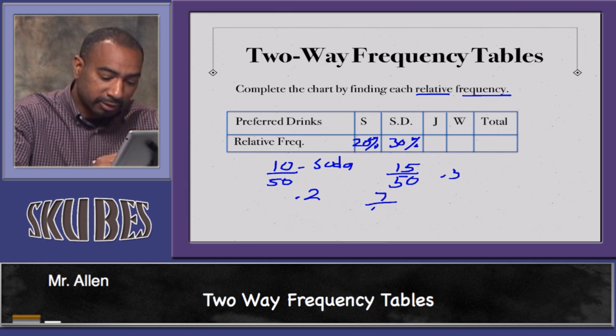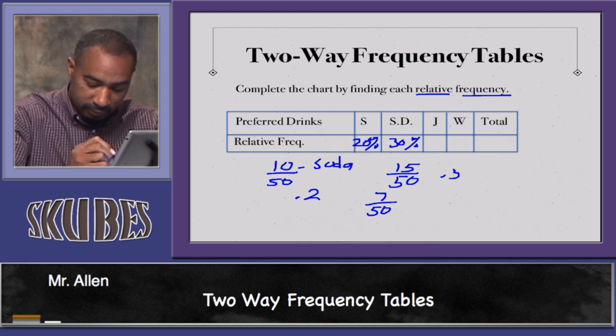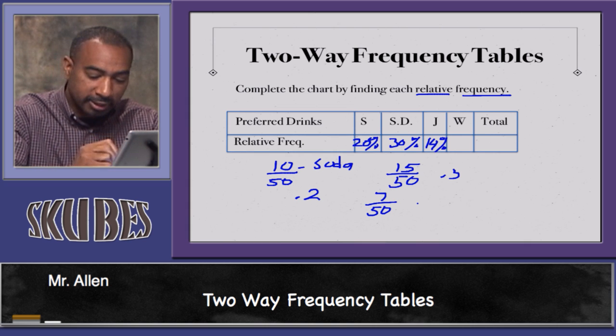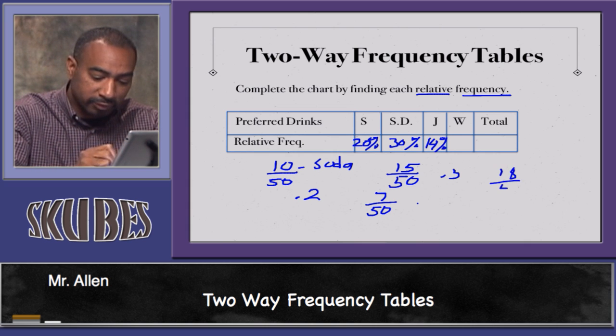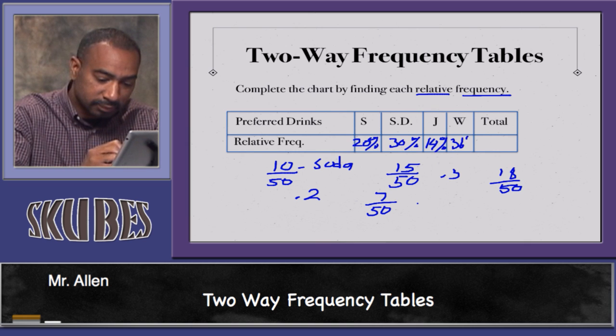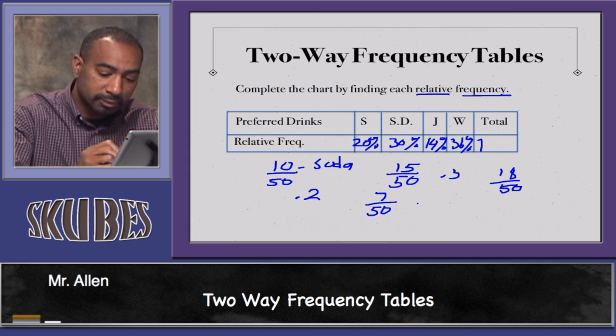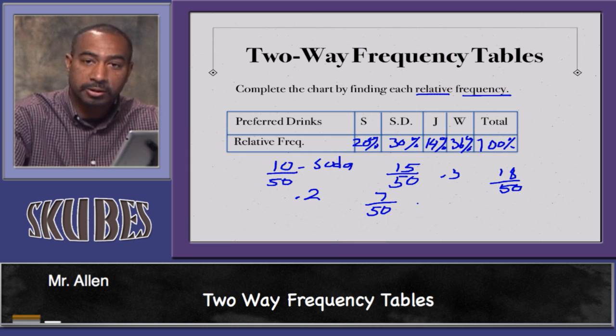So you're going to say 7 out of 50, which is going to give you 14%. And water, there are 18 students, so you're going to divide that out of 50. So that gives you 36%. And 50 out of 50 is 100%. And these percents should add up to 100%.